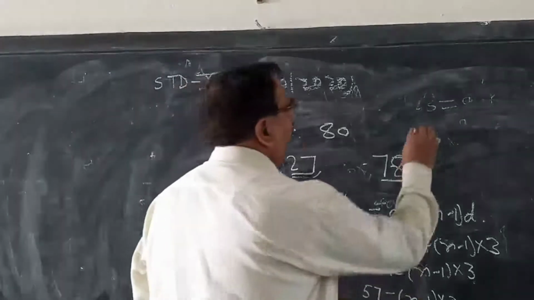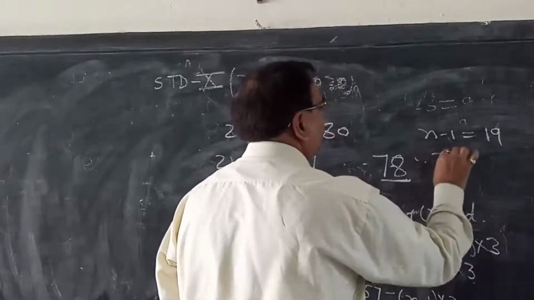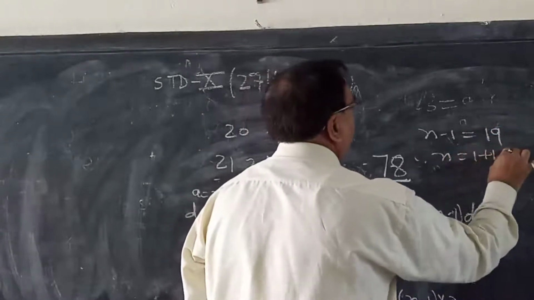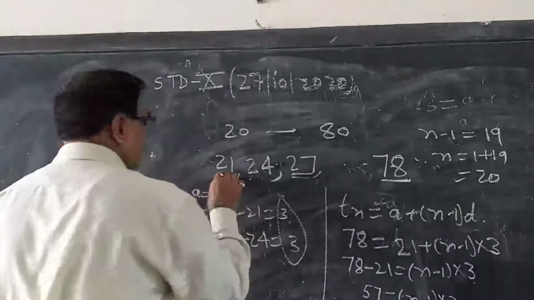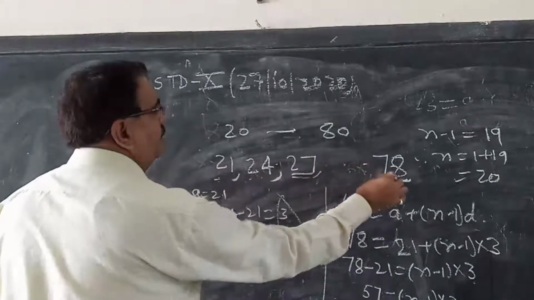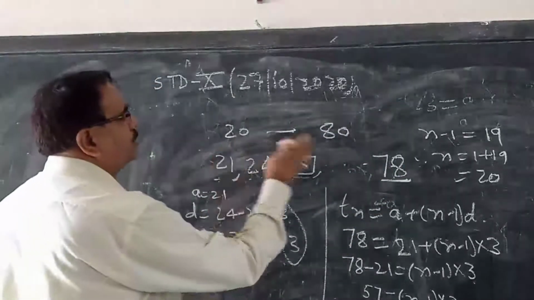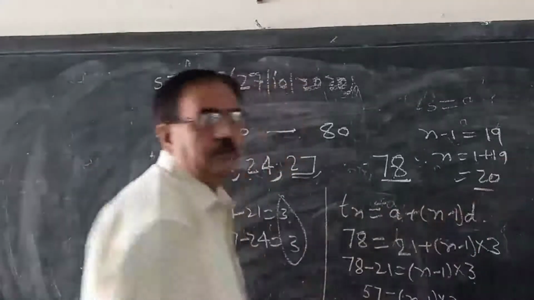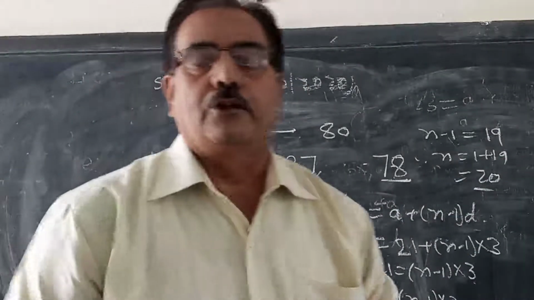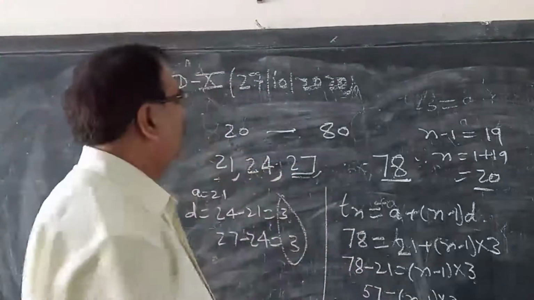So n minus 1 is equal to 19. So how many terms are there? n is equal to 1 plus 19, that is 20 terms. So altogether, from 21 to 78, the numbers between 20 and 80, the total number of terms will be 20. Do you follow, sir?